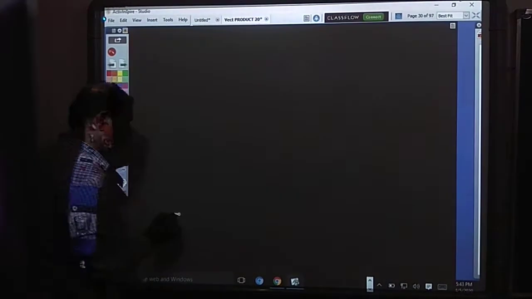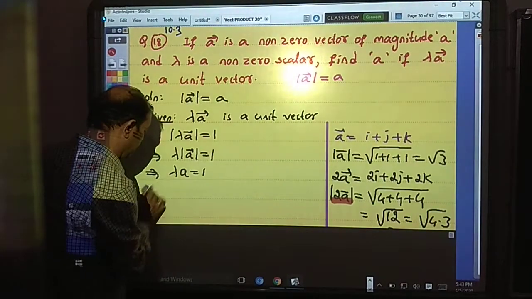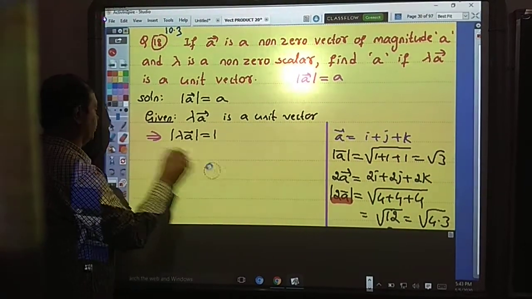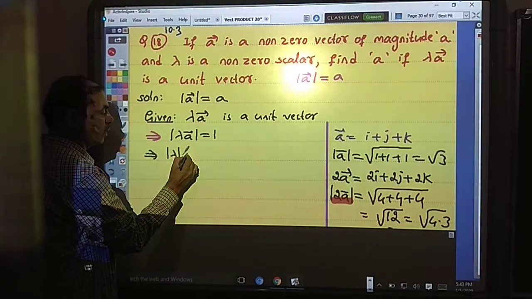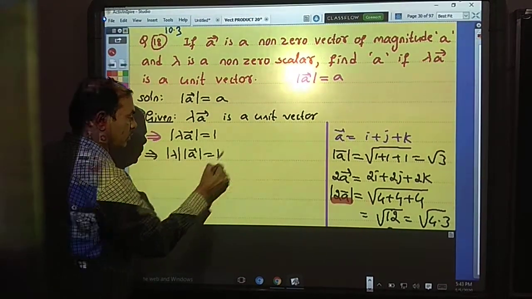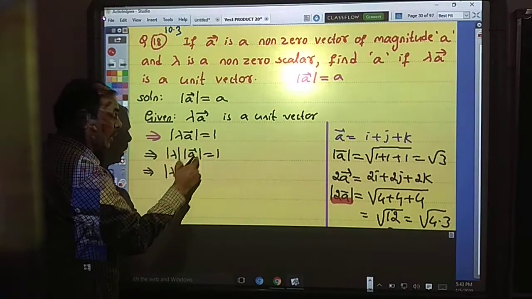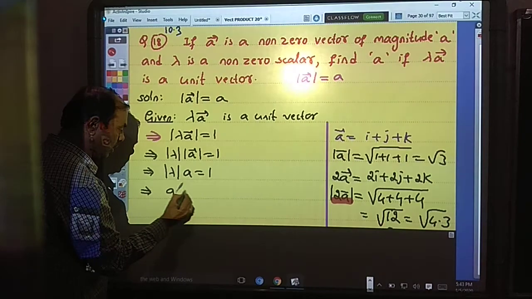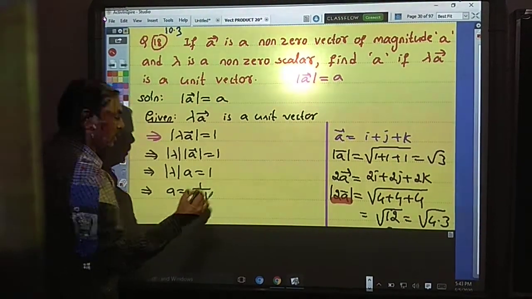So therefore a is equal to 1 by lambda. Here the magnitude, or absolute value of lambda, into a is equal to 1. That gives a equal to 1 divided by the magnitude of lambda.